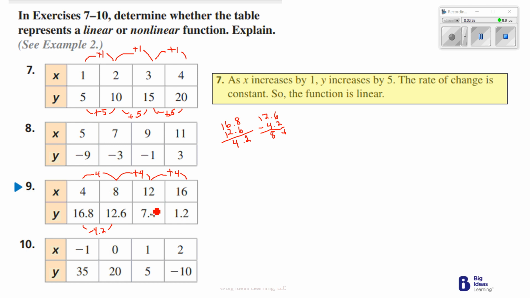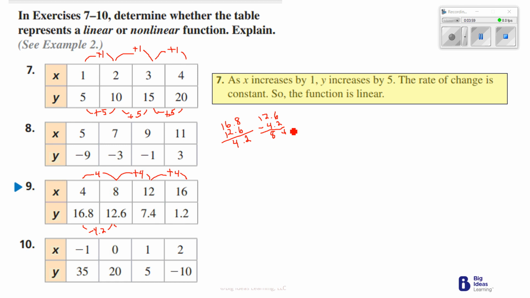So this is not going to be the same amount. If you wanted to check, taking 4.2 again away from 12.6, we get 8.4. That is not the same.